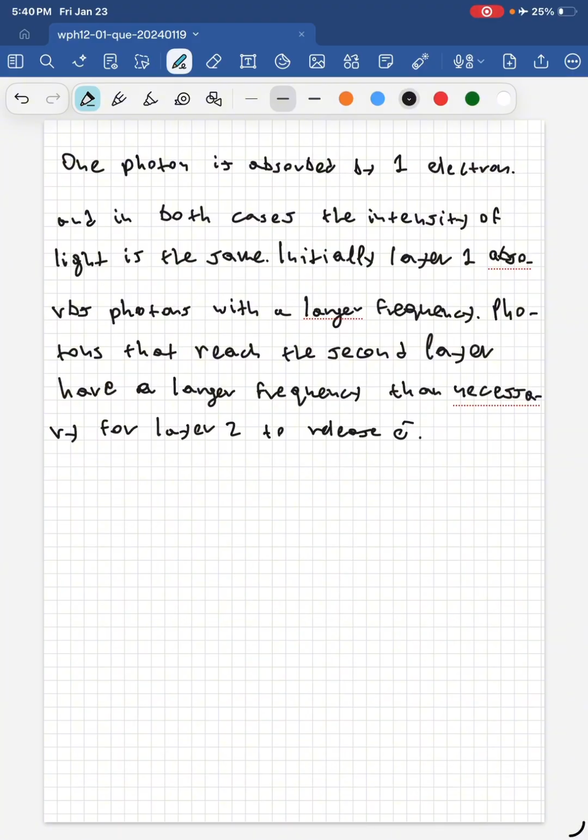Okay, if layer 1 is removed, the rate remains the same.